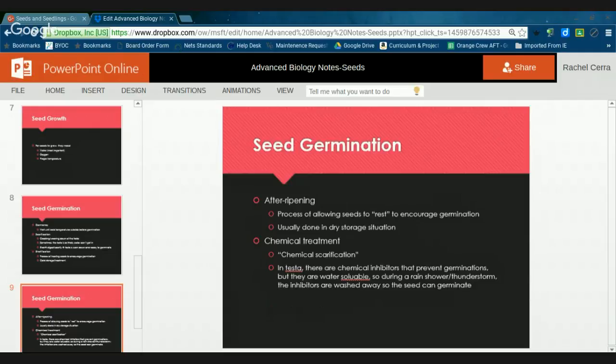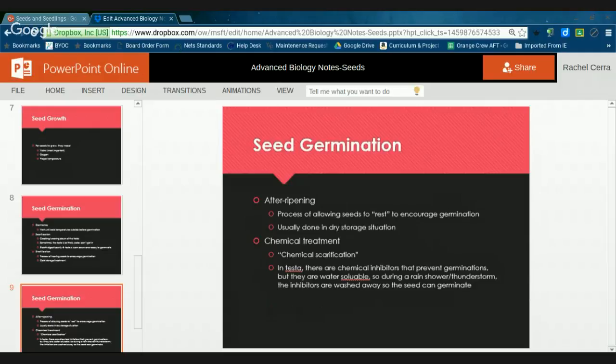Oftentimes with after ripening, it's done in a cool, dry storage situation where they're just allowed to rest. Then they'll be planted and exposed to the elements so that way they can germinate. So they ripen after they've been harvested. So I think that's where that terminology comes from.